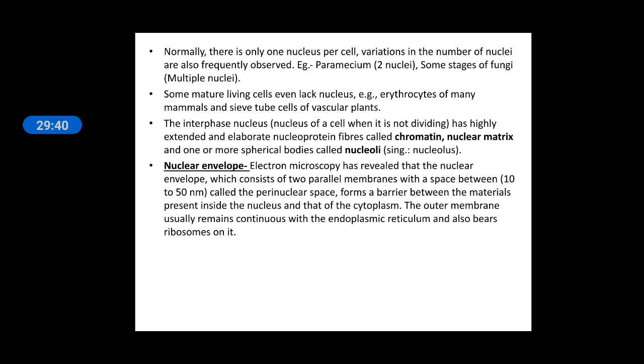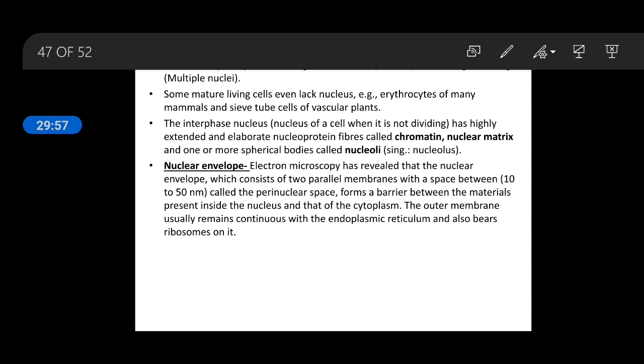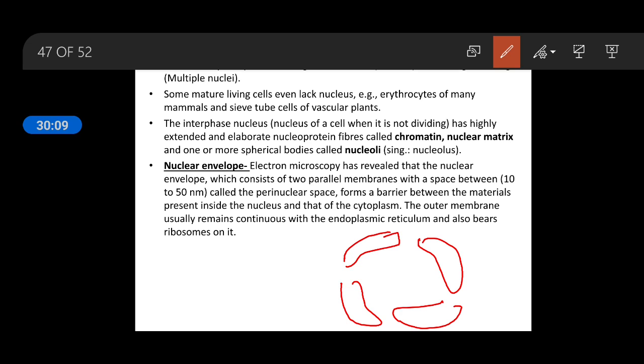Nuclear envelope. Electron microscopy has revealed that the nuclear envelope consists of two parallel membranes with a space between them of 10 to 50 nanometer, called the perinuclear space. This is the nucleus, whose membrane is known as the nuclear envelope, and this nuclear envelope is actually two membranes, the outer and the inner membrane.